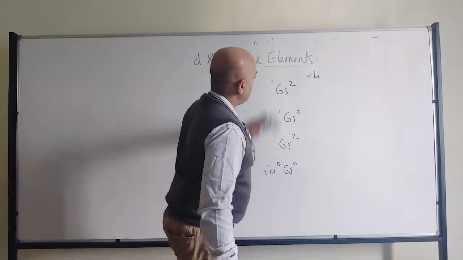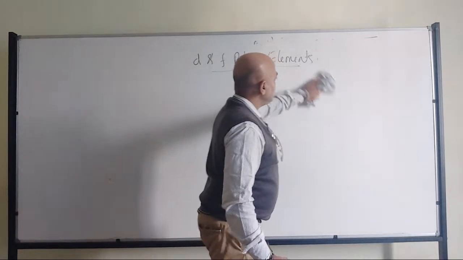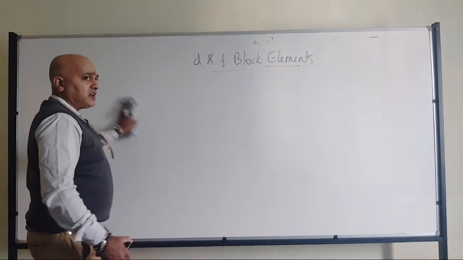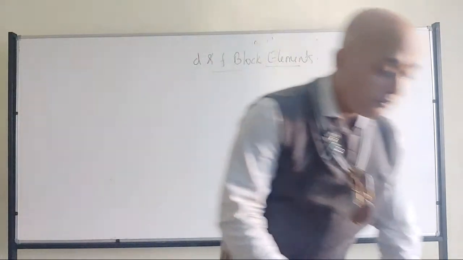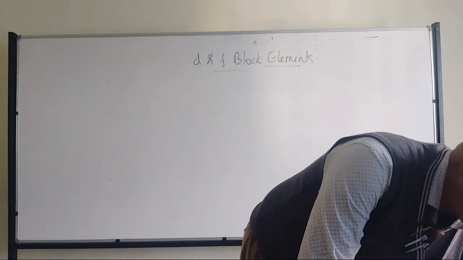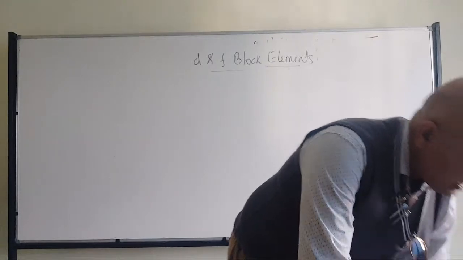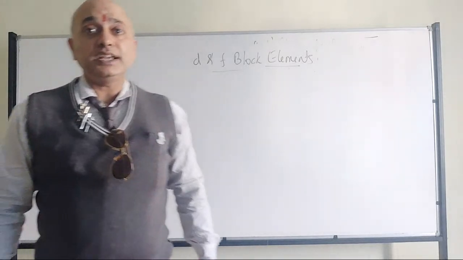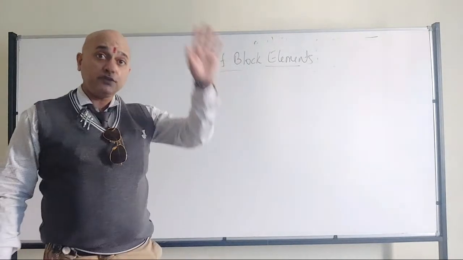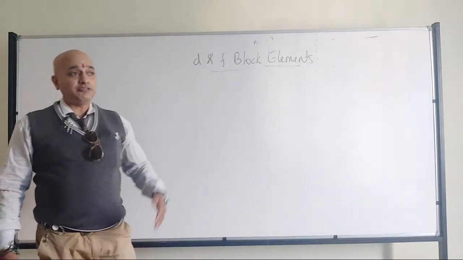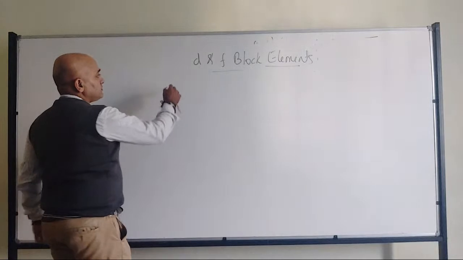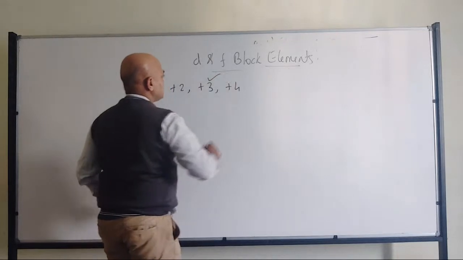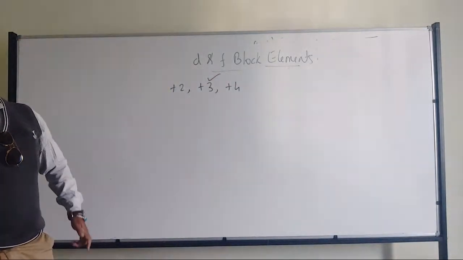So what I mean to tell here is, with respect to the oxidation state, lanthanides are a bit restricted. They are not like d-block elements where it will go up to +7. So here it will be +2, then +3, then +4, and +3 is the common oxidation state.